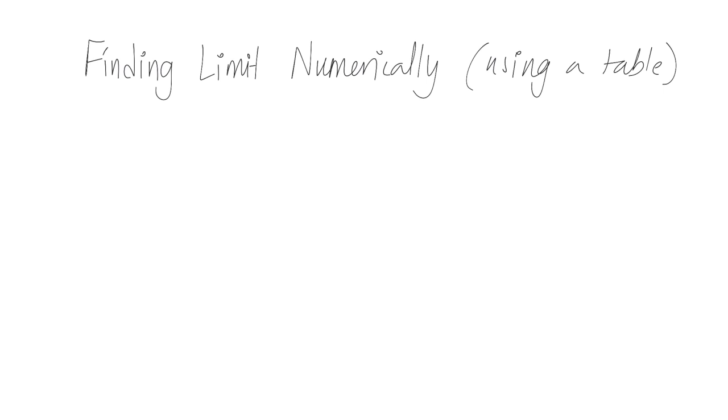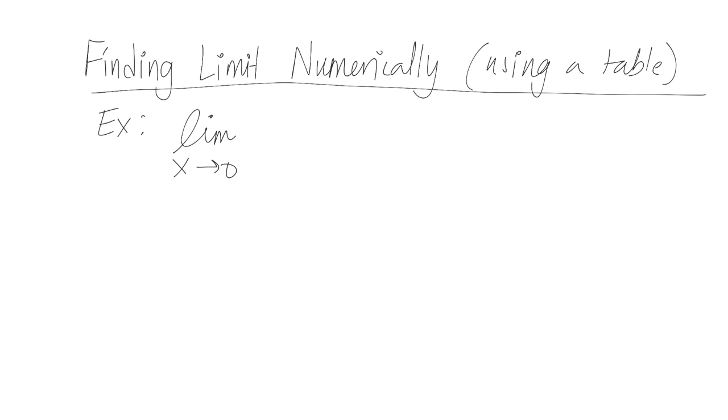So you're definitely going to need your graphing calculator for this, because we're going to be plugging in numbers that are very, very close to the number we are trying to approach, the number that x is trying to approach really in the function. So here's the example. We are trying to find the limit as x approaches 0 of x divided by the square root of x plus 1 minus 1.